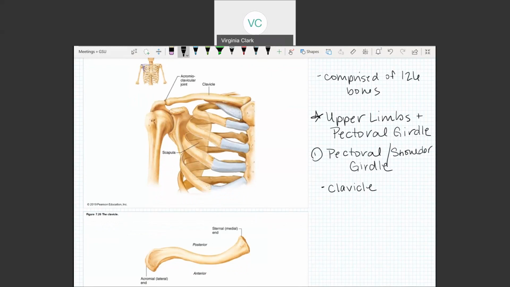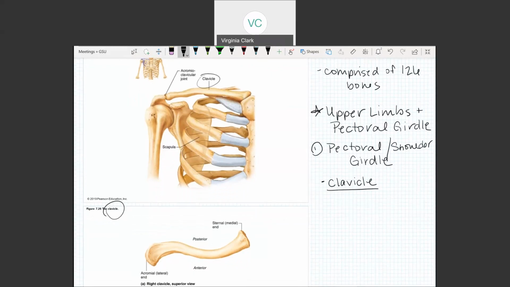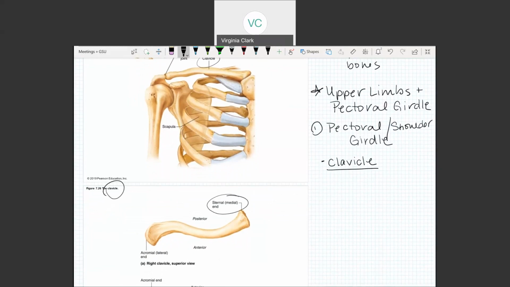Your clavicle is this guy and also this guy. It is your collarbone. You do need to know when you're looking at the clavicle, the medial end. So this is going to be on the midline, and this is going to be the acromion or the lateral end. So you do need to know the clavicle, your collarbone.